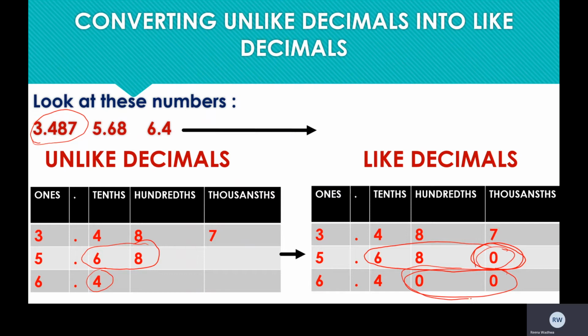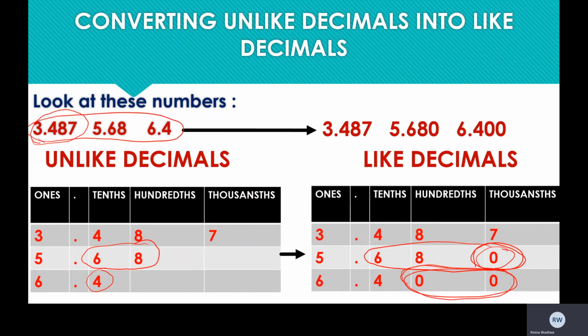So I put 2 zeros because this doesn't affect its value. So these 3 unlike decimals, I have made into like decimals. It has 3 places, it has 3 places, and it also has 3 places.